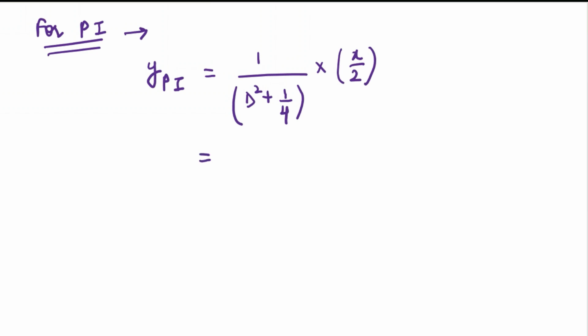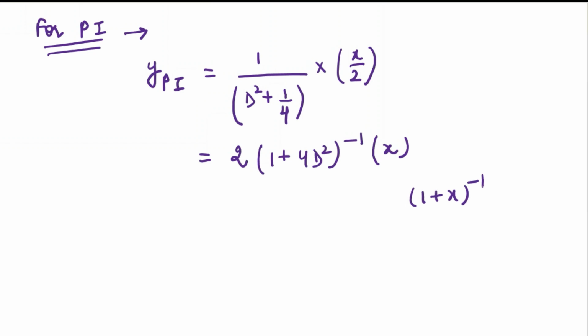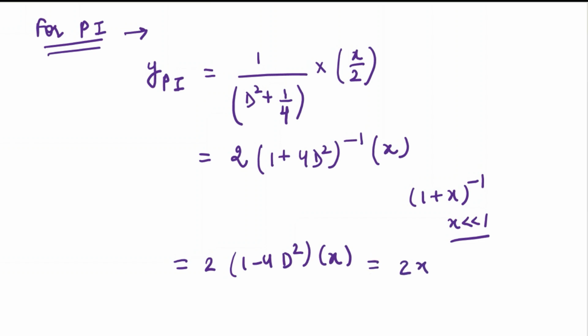So 2 is here and there is 4, so it will be 2 times 1 plus 4D square raised to power minus 1 and x. Now you can expand it using 1 plus x raised to power minus 1, where x is less than 1. So it will be 2 times 1 minus 4D square x, and it will give 2x.